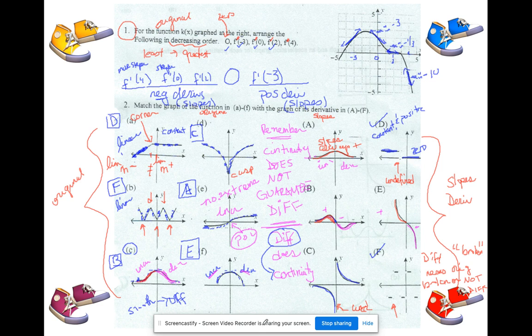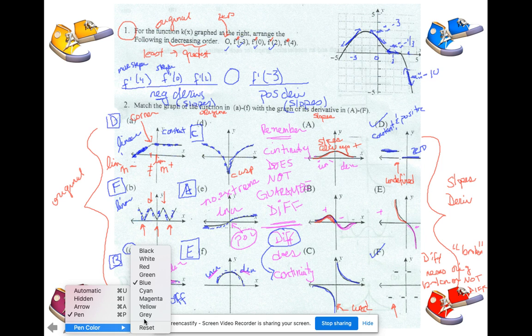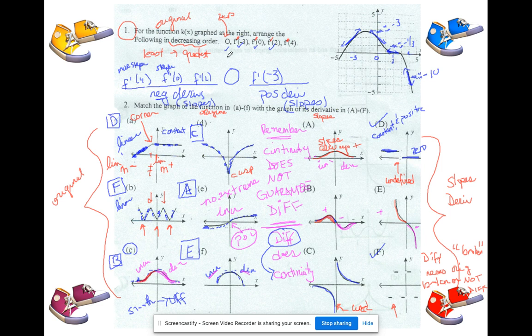Now, here's a really important part. So I hope I'm not on 3 or 10 speed or whatever. This is super important. The slopes were negative. Then the slopes were positive.